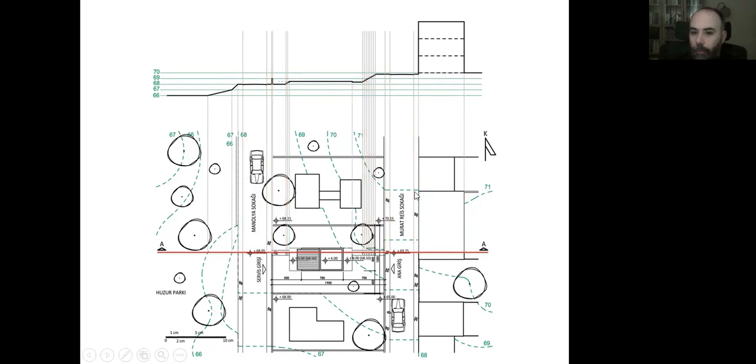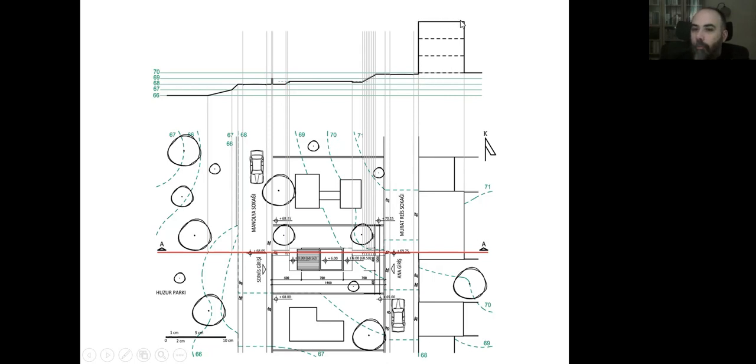We don't need to give any details for these neighbor buildings. However, we can indicate how many stories there are in the building. Let's say that this is a 3-story building. We know its total height from outside, but we don't know the exact positions of the floors. So we don't need to know that.